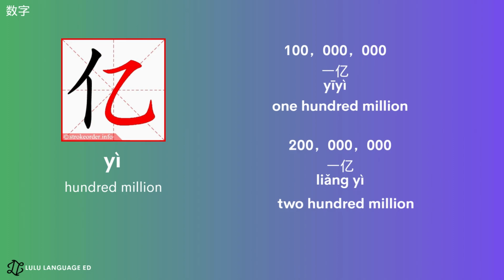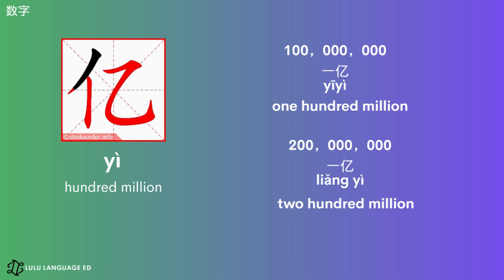We are now going to 100 million. So 100 million in Chinese is 亿. To say 100 million, 一亿. I want you to be very careful of the tone because number 1 in Chinese is first tone. 一 and 100 million is 亿.